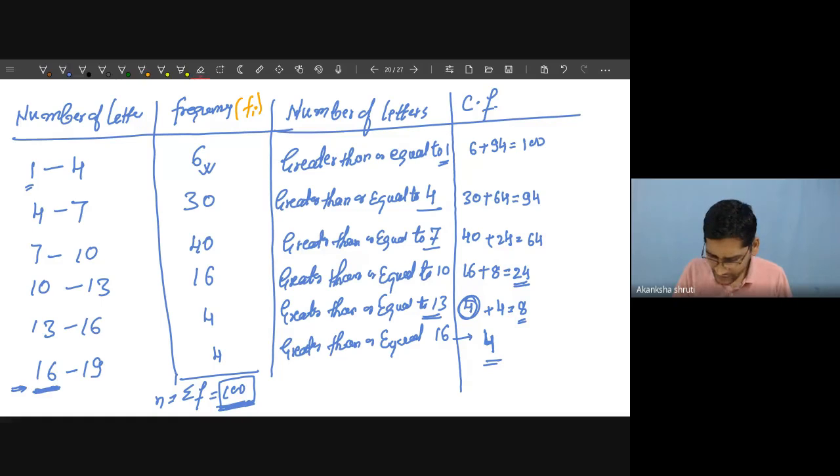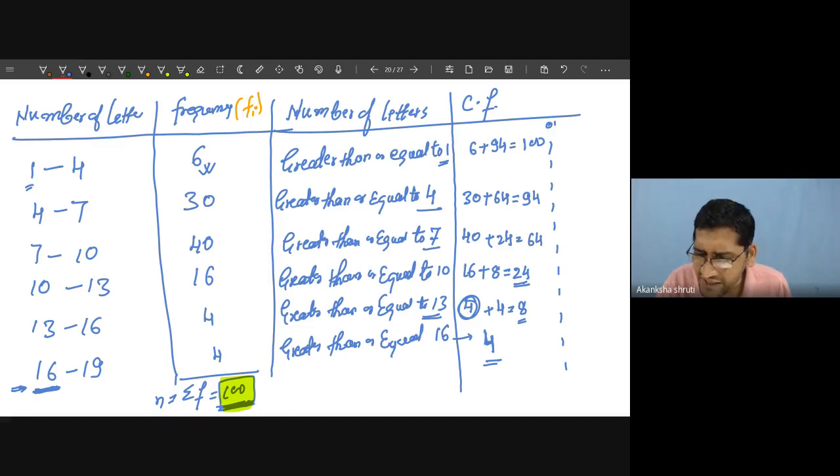Student, what is the total frequency here? The total frequency already obtained by adding is 100. Okay, student? So the other way, in many books or even your teacher does by this method, but I always advise my students to please avoid this. If you are writing this way, it is equally good. It is also acceptable.